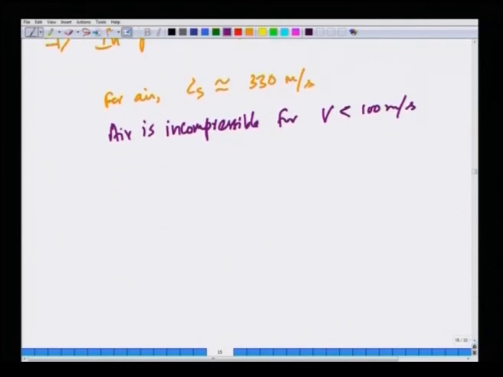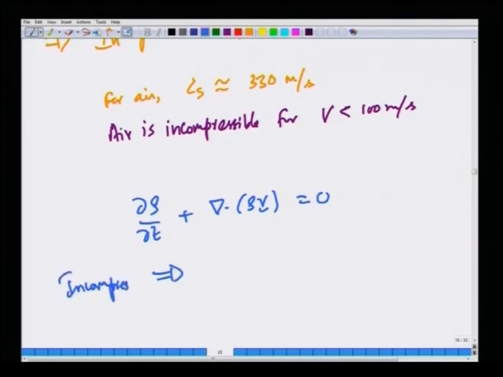Okay. Now, what is the importance of this continuity equation? We have this continuity equation, which for an incompressible fluid, this is general for an incompressible fluid, means del dot V is 0.